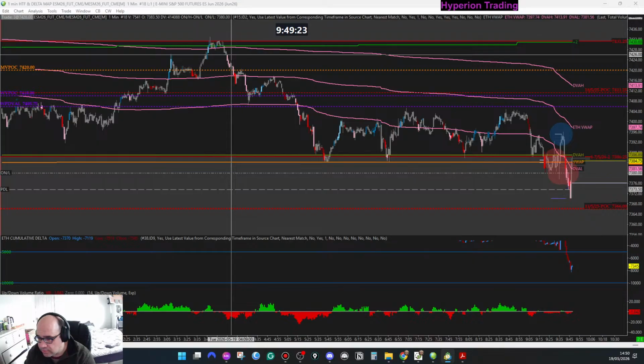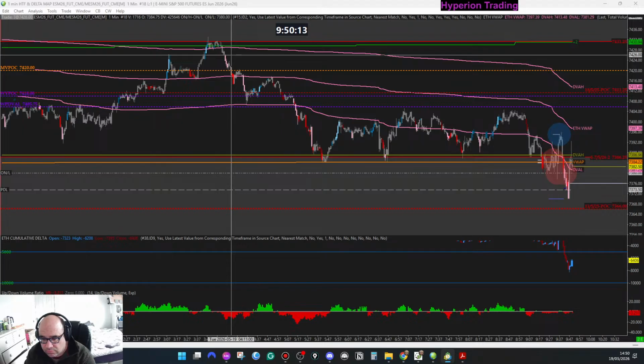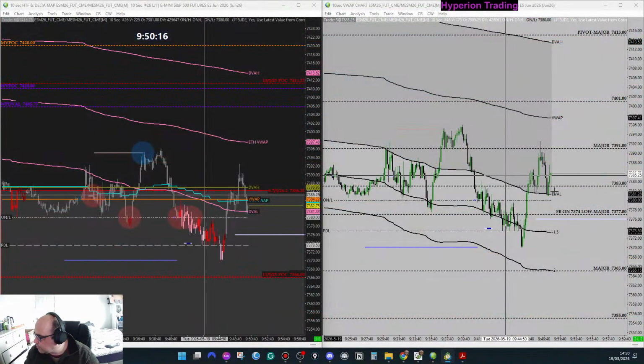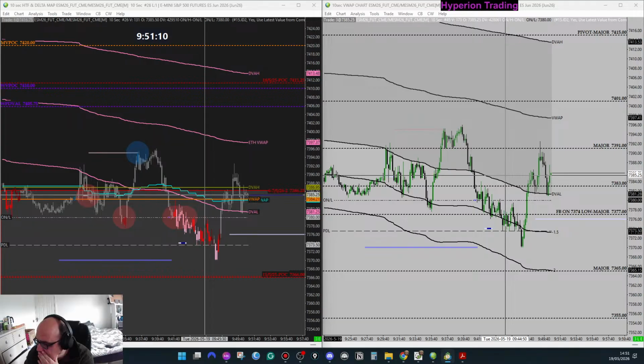Let's see if we're gonna have any continuation. Yeah, we saw here the DVA low held the price, the pullback. So I have some connection issues.